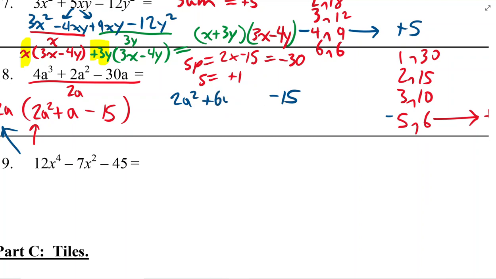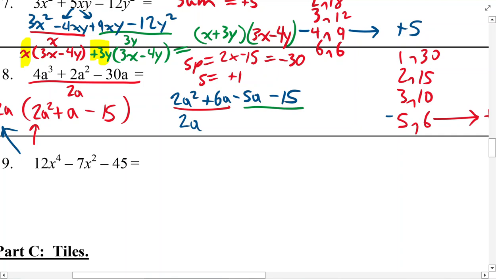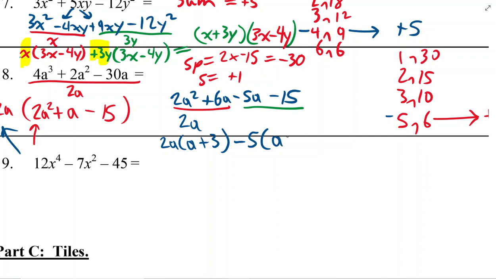Plus 6a minus 5a. So now you got to take a GCF out of the front 2 and a GCF out of the back 2. Go for it. Take out your GCFs. I know I'm on the right track because I have a plus 3 and a plus 3.